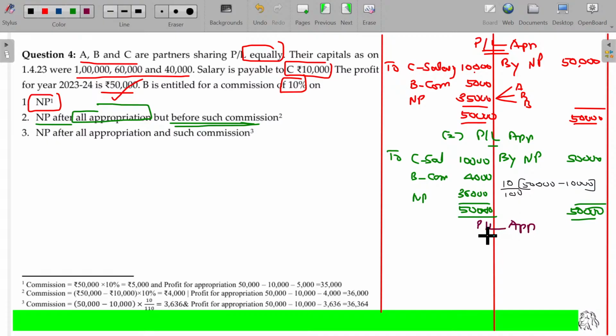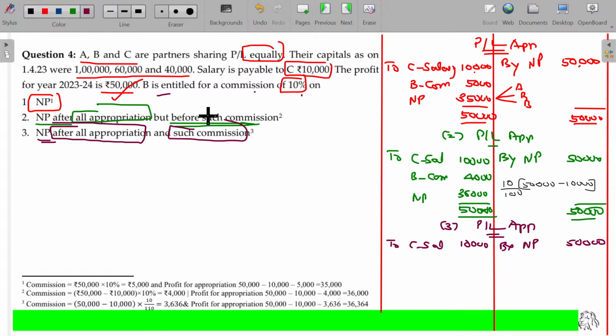P&L appropriation account. Scenario 3. By net profit 50,000. To C salary 10,000. Now B is entitled to a commission of 10% on net profit after all appropriation and such commission. Okay.